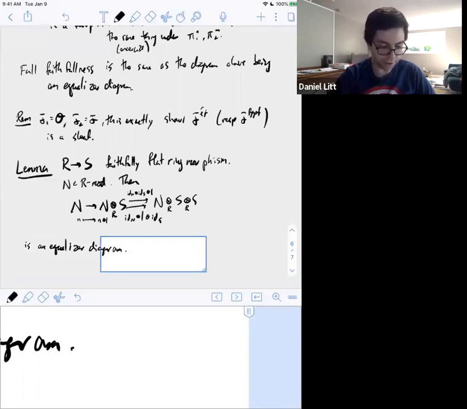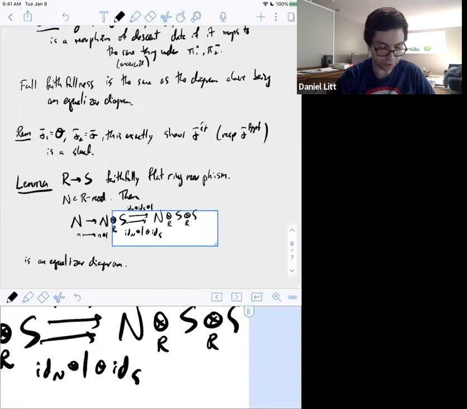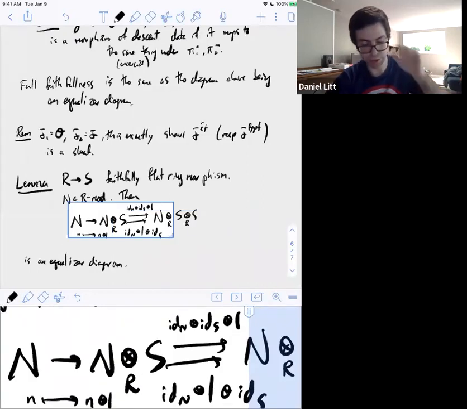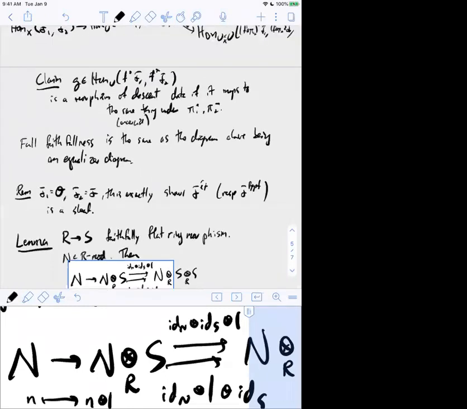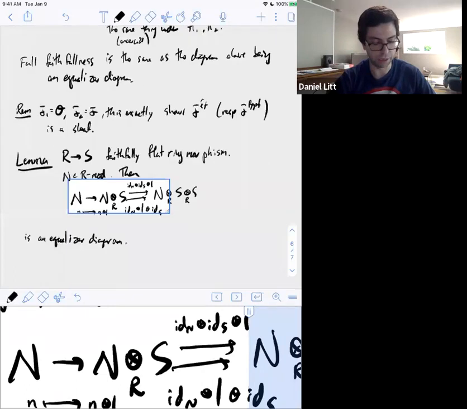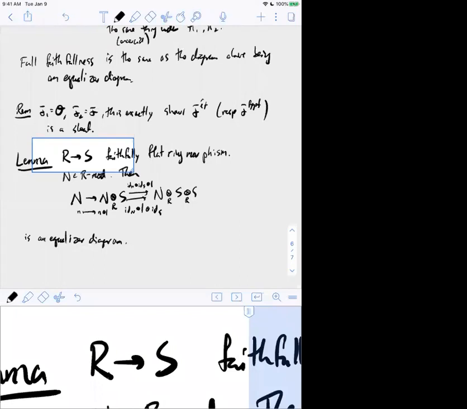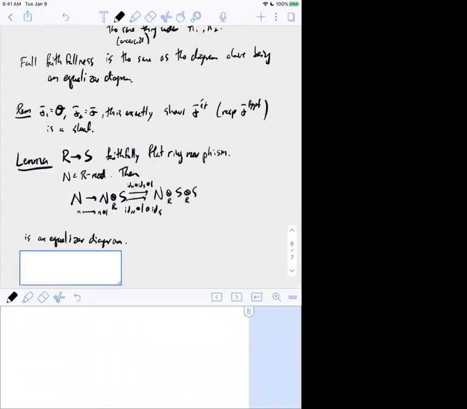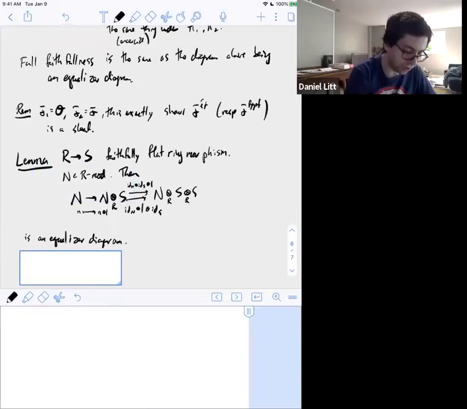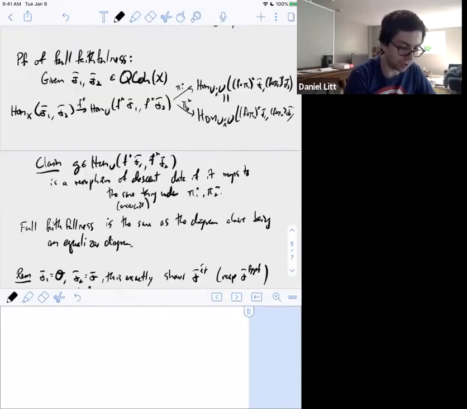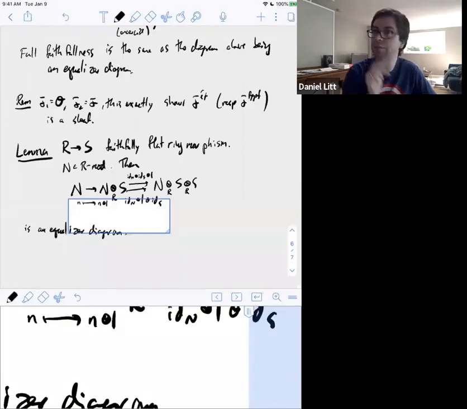Okay, so can anyone tell me how this diagram is related to what we're trying to prove? I claim this is actually a special case of this stuff from before, modulo the fact that I don't assume R to S is of finite presentation. It's just a local picture, right? Yes, it's local. It's a little bit more special than that, because before we had two sheaves and here we just have one sheaf. Can you explain this? Or do you see how to specialize to get this picture?